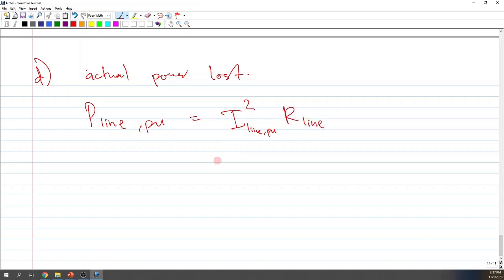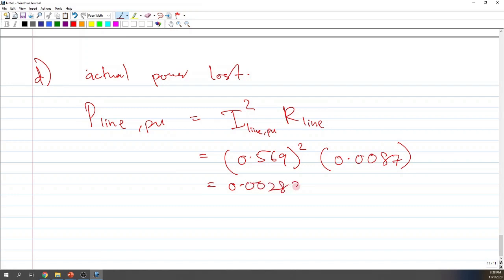Okay, so kita kena ada darab PU dulu. Okay, value dia adalah 0.569 square. Ni untuk I line PU punya value kan. Kemudian dia punya resistor dia adalah 0.07 dan kita dapat 0.00282.